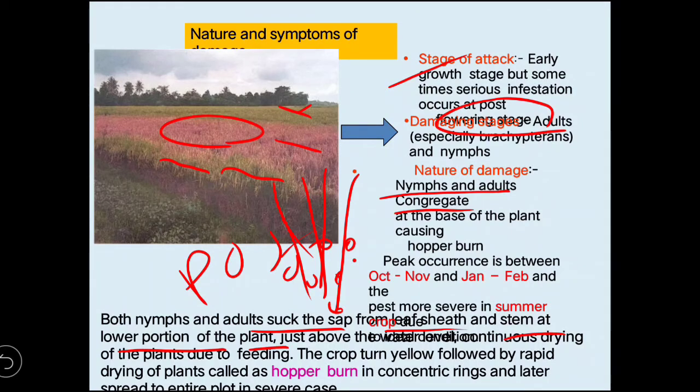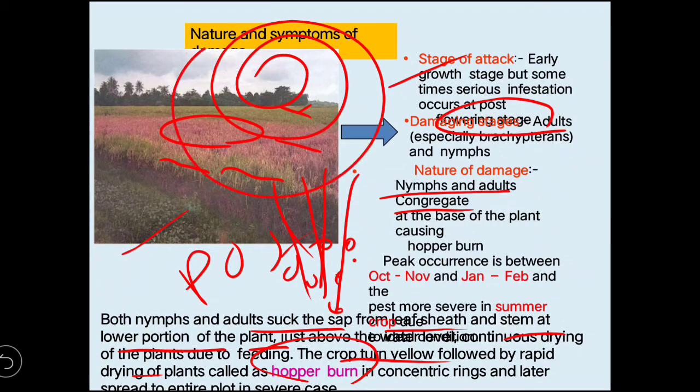So what will happen? As they are sucking the sap, the plant will become yellow, then dry, and this is known as hopper burn in a concentric ring. I have told you concentric ring, in this manner they will feed on the rice field.